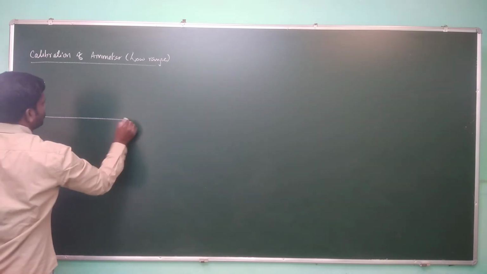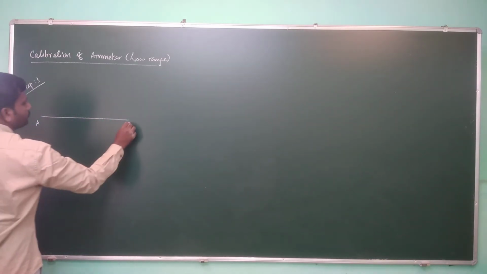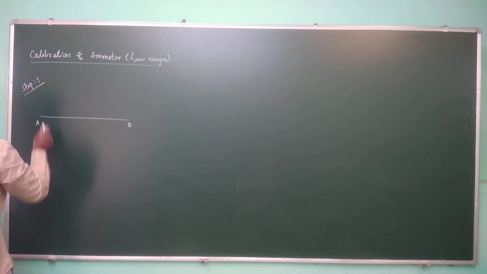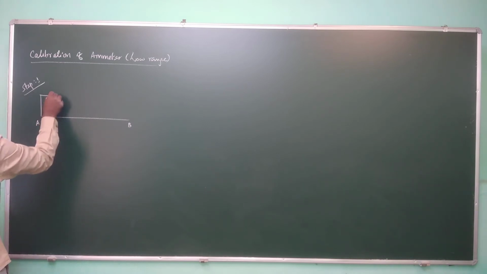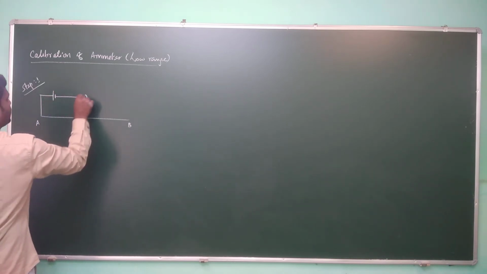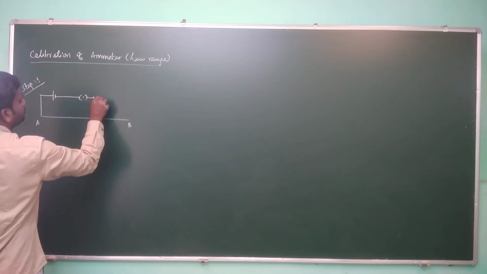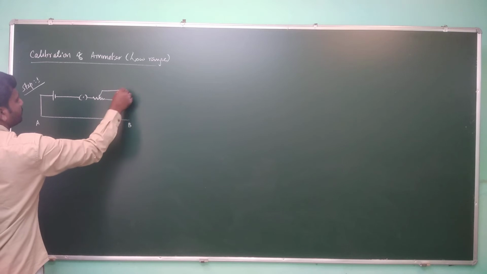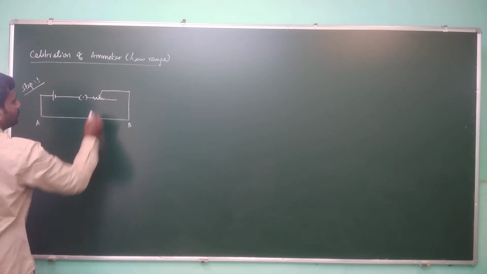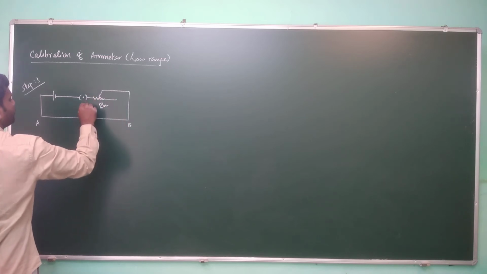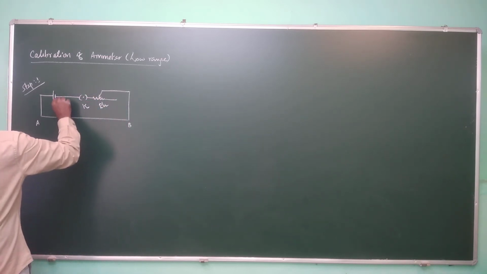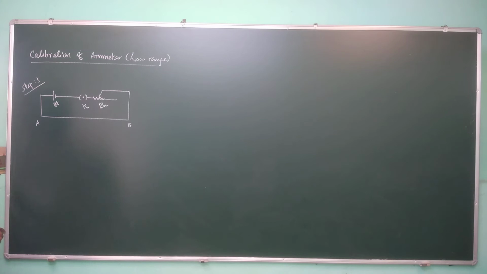Let's consider a potentiometer AB, right? Connect a battery and a key. There is a rheostat and this part is connected here. So it is the rheostat, it is the key, it is the battery, right?